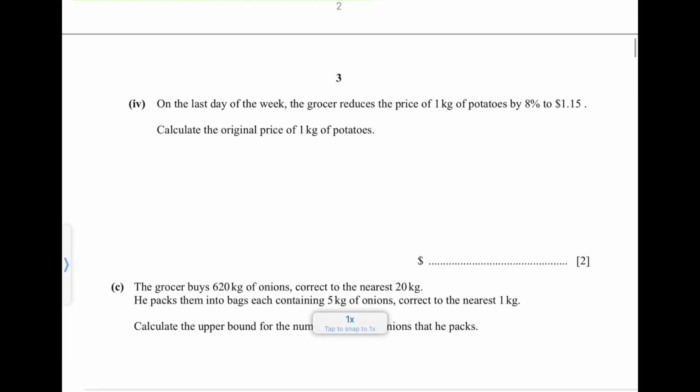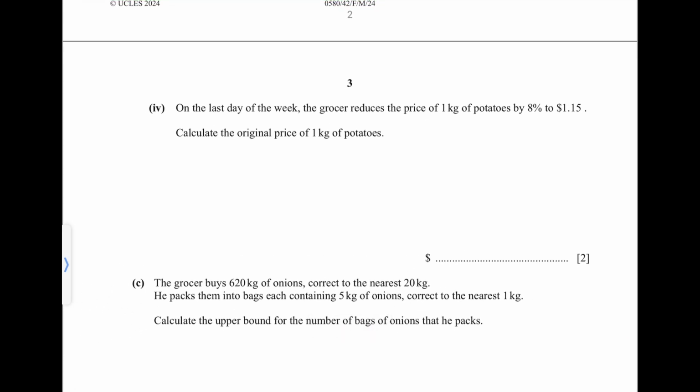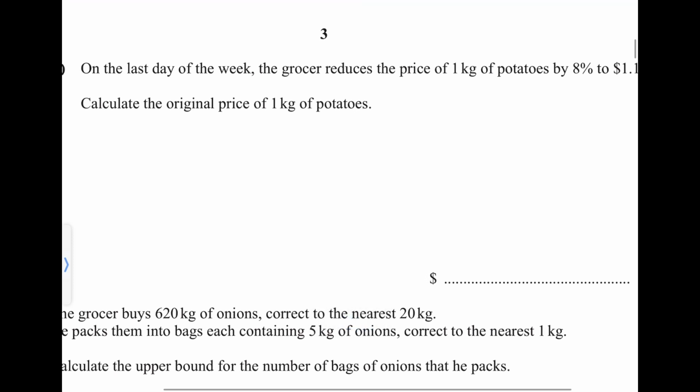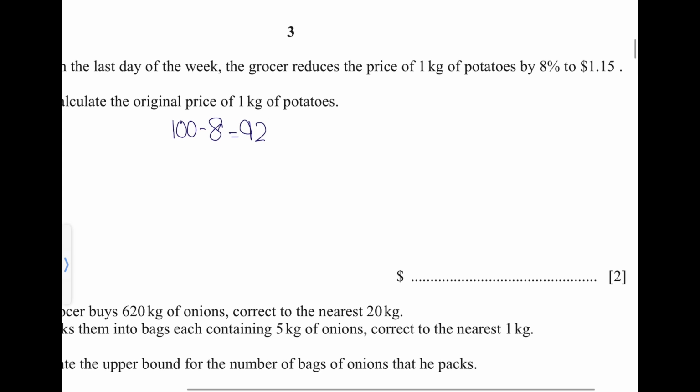On the last day of the week, the grocer reduces the price of 1 kg of potatoes by 8% to 1.15. Find the original price. There are many methods. My preferred method is 100 minus 8 is 92. So now we know that whatever the original price was, 92% of the price is 1.15. So 92% of x is 1.15, or simply 0.92x equals 1.15.